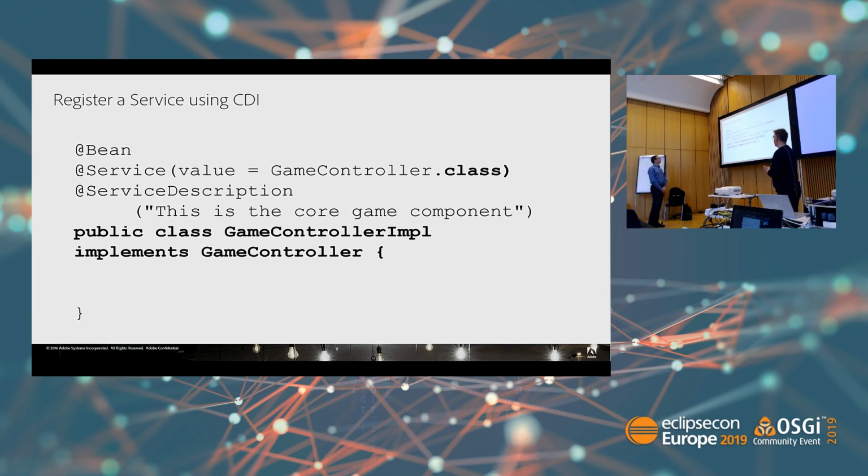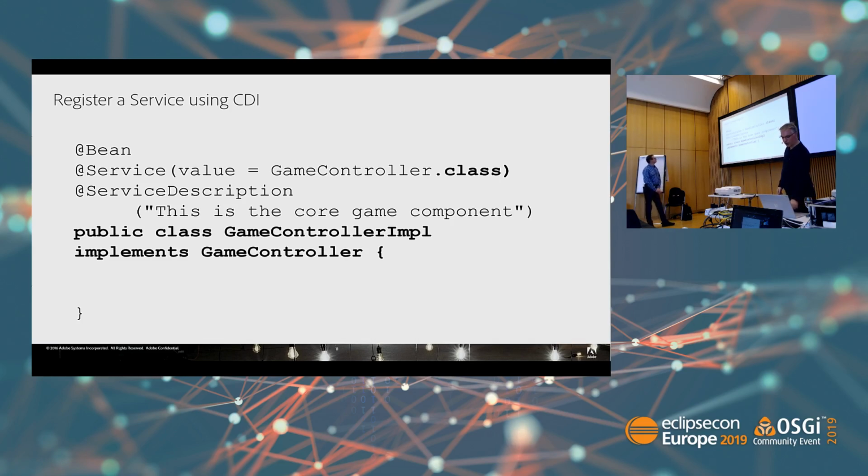It's maybe a good idea to use a bean annotation, which marks this class as a bean class for CDI. With a service annotation, you specify which service you want to register in the service registry, and then you can use additional annotations. That's, I guess, straightforward to do.